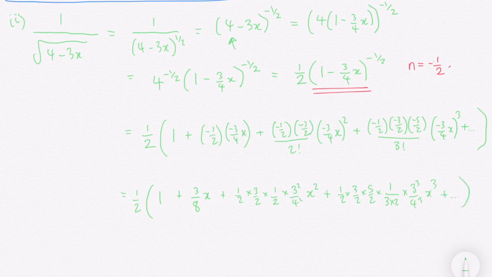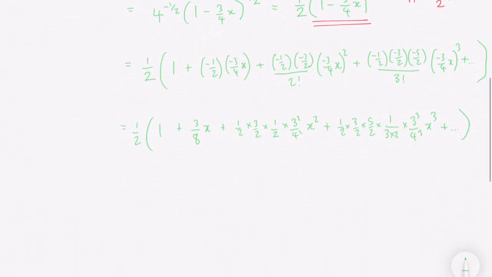Well, let's see if we've got any factors we can cancel. We have a half of 1 plus 3/8 of x. Here, are there any factors that cancel? There aren't actually any factors that cancel. So what have we got here? We have 27, and then we have 128 x squared.